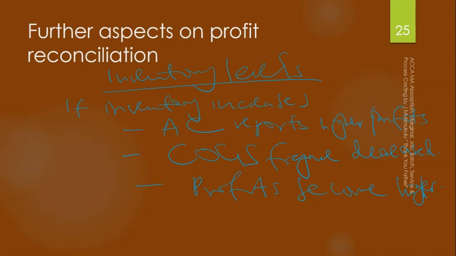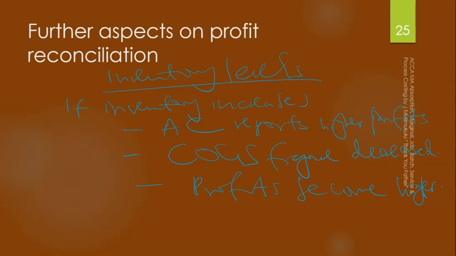If the overheads are included in the opening inventory but not in the closing inventory, it means the cost of sales figure is going to be larger, thereby restraining the profit, or making the profit lower.